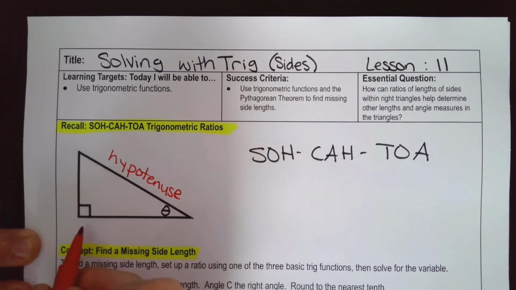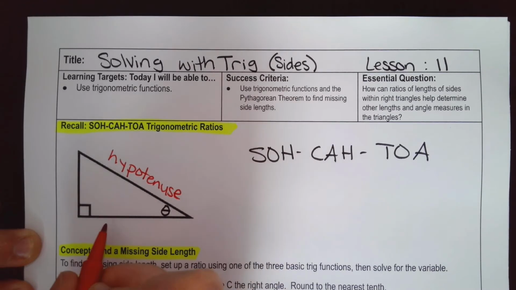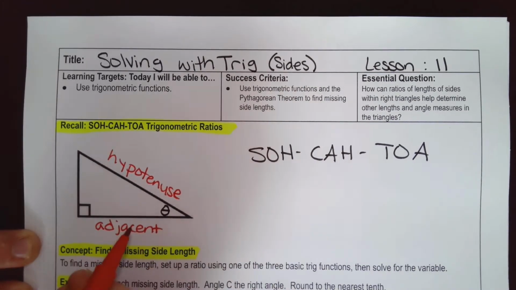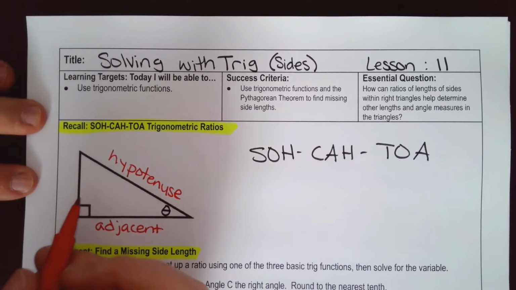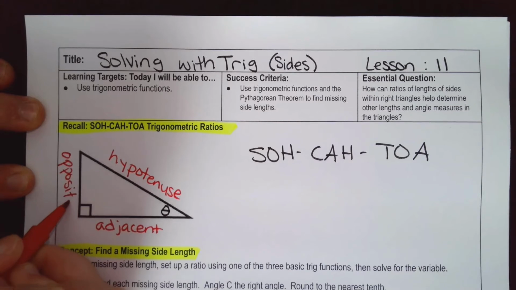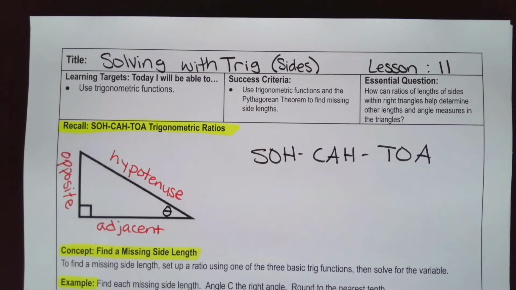Then the side touching the given angle is our adjacent. And then the side that's across from the given angle is our opposite. So you need to know the sides of your right triangle in relationship to your given angle.